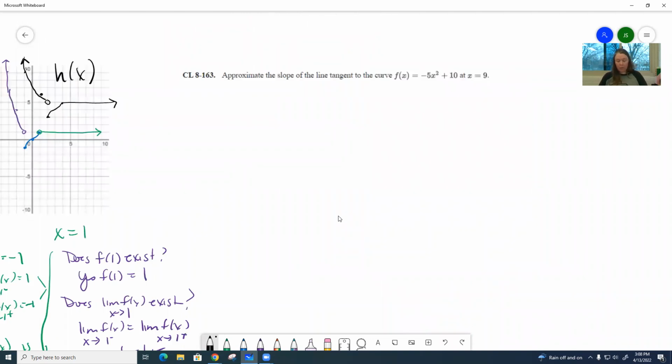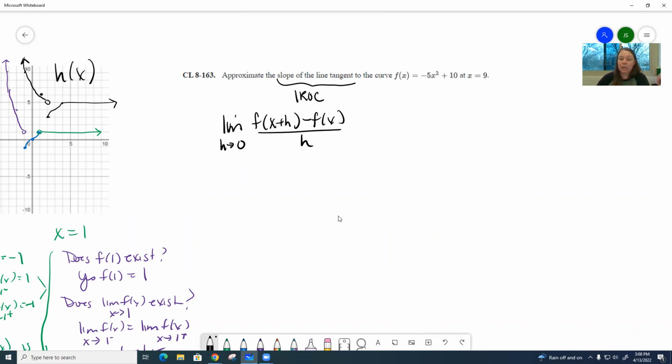All right, 163. Approximate the slope of the line tangent to the curve f of x equals -5x squared plus 10 at x equals 9. When you see this slope of the tangent line, you should be thinking instantaneous rate of change. As soon as you see that, you should be thinking, I have to take the limit as h approaches 0 of f of x plus h minus f of x all over h.